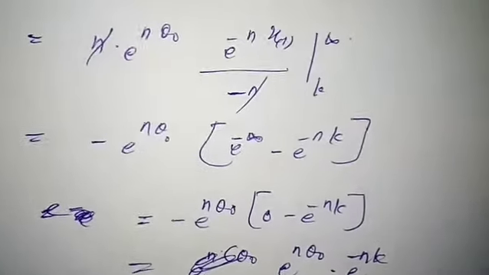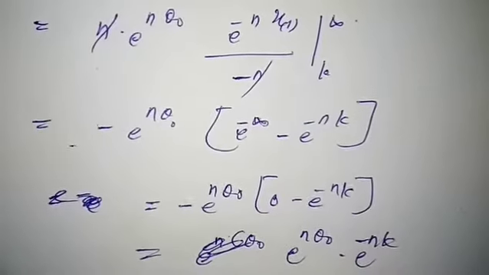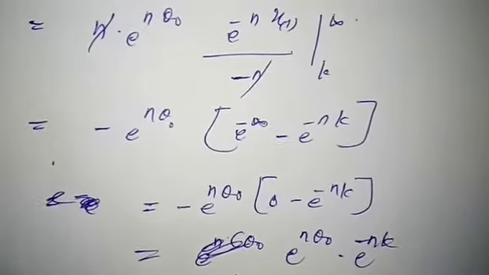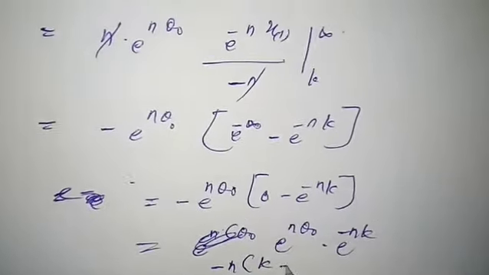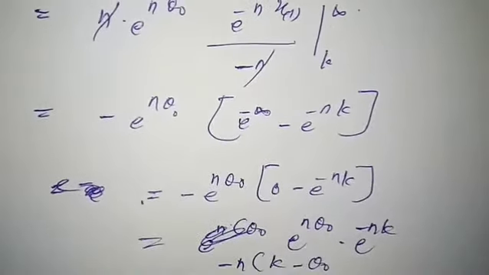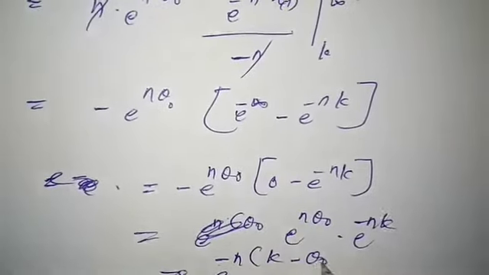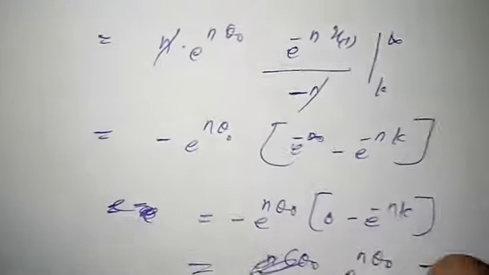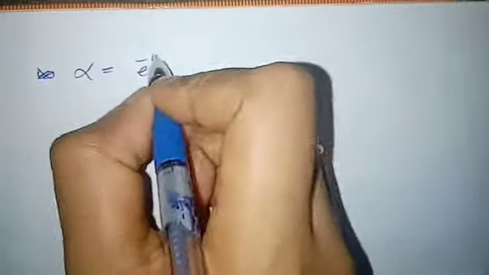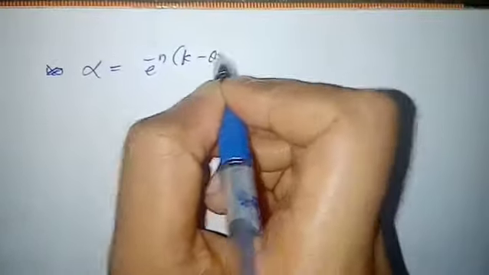We can write this as e power minus n into k minus theta naught. That is, alpha equals e power minus n into k minus theta naught.